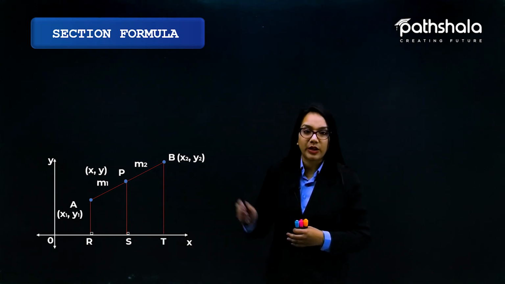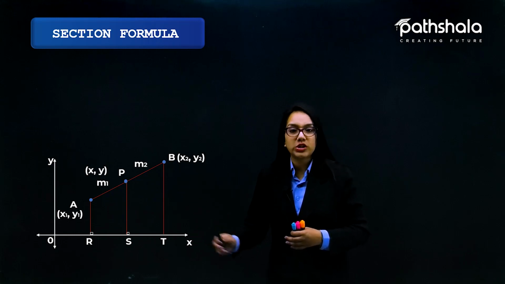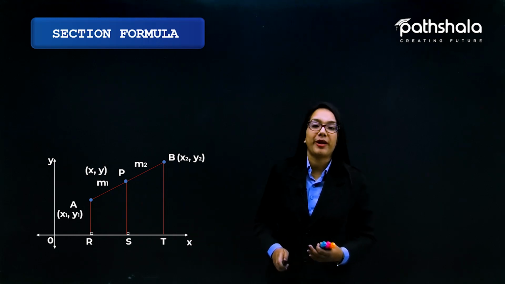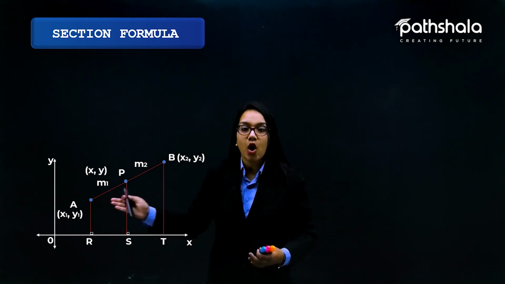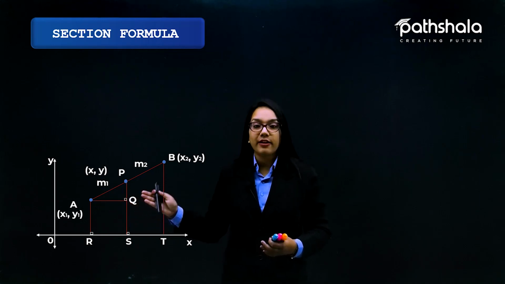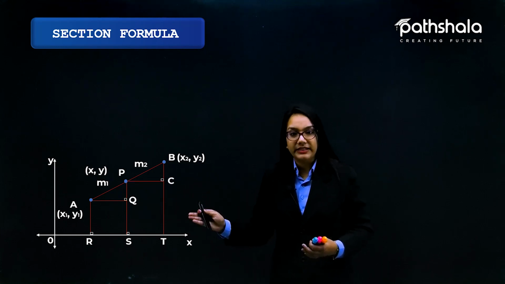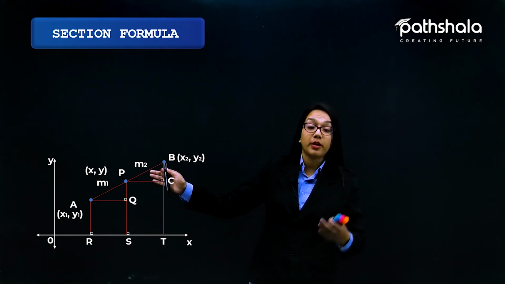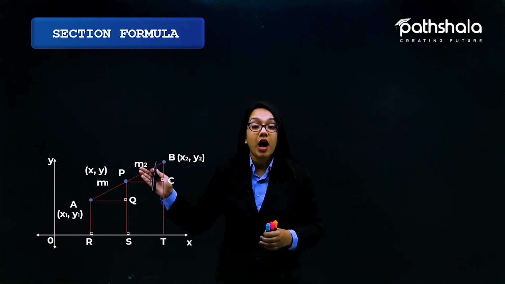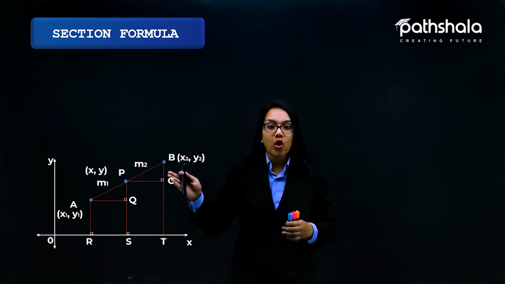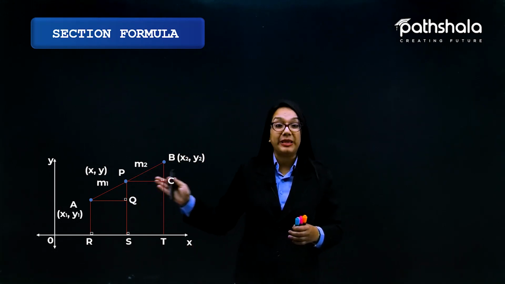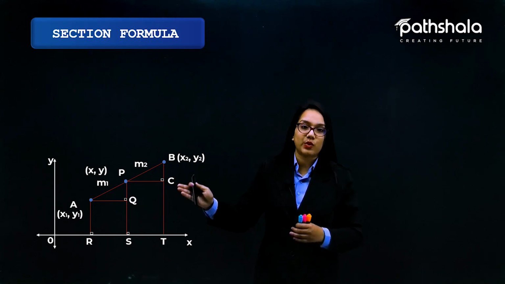Further I take a perpendicular from B towards T, and then a perpendicular from the point P on BT, which is PC, as you can see over here.